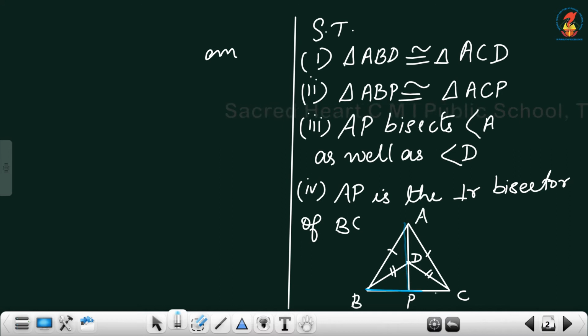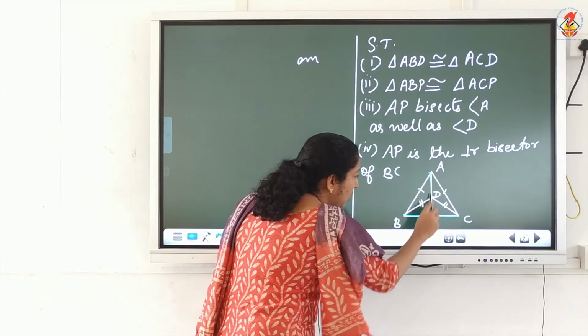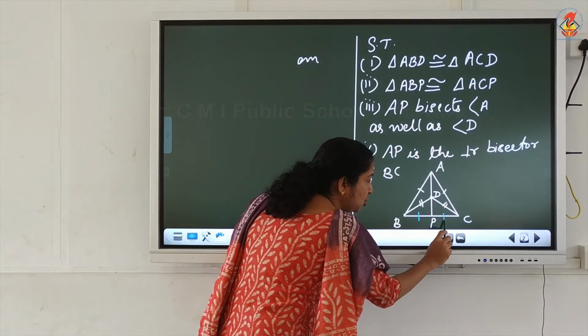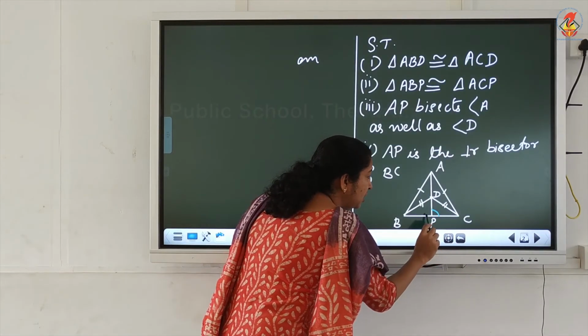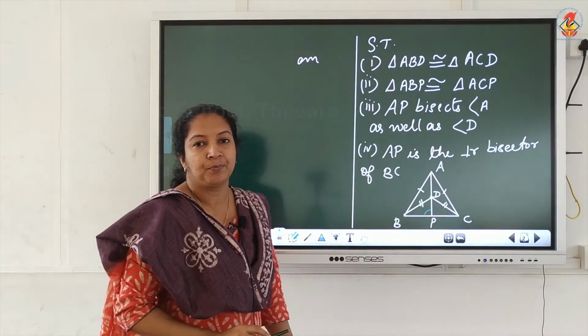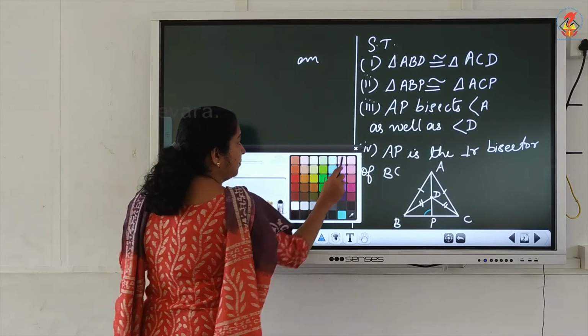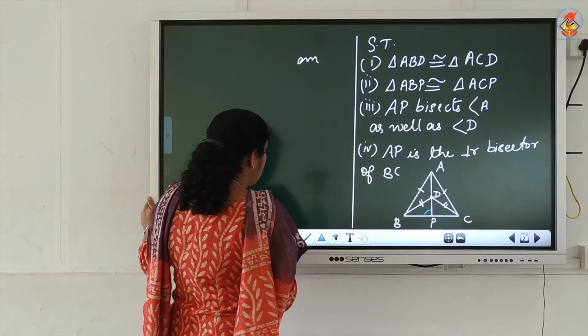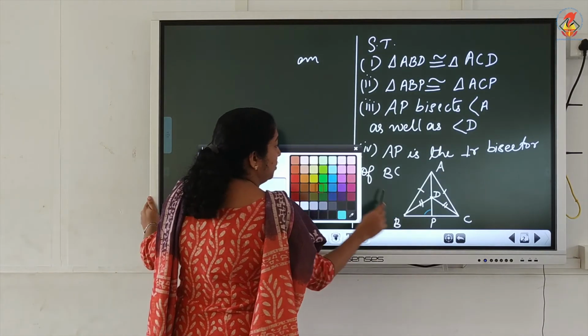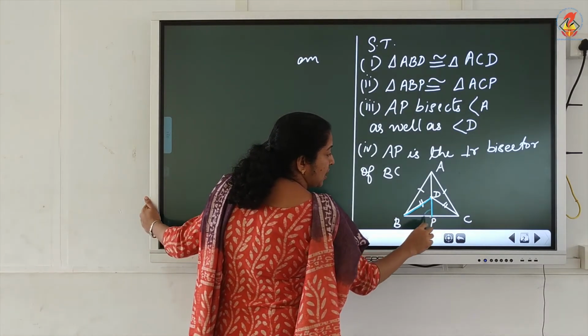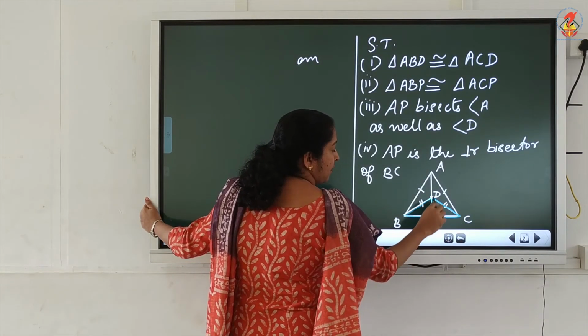AP is the perpendicular bisector of BC means AP divides BC into two equal parts and the angle here is 90 degree. So, we have already proved these two triangles are congruent.